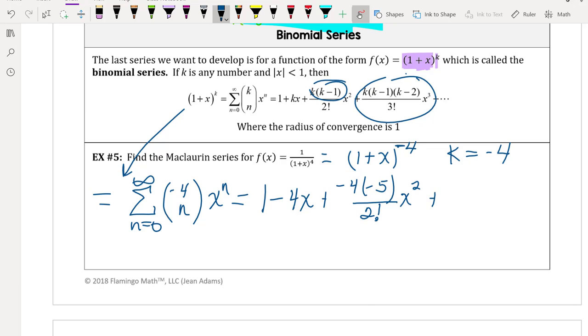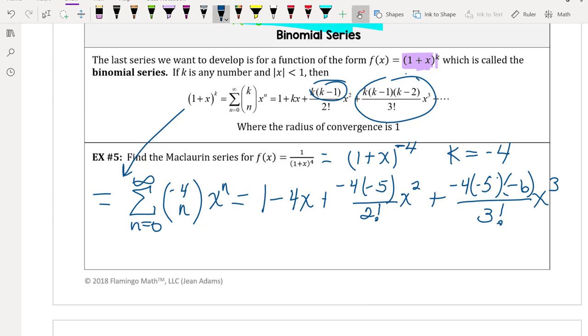So I'm going to have plus -4, -5, and then k minus 2 would be -6, all over 3 factorial times x to the 3rd.